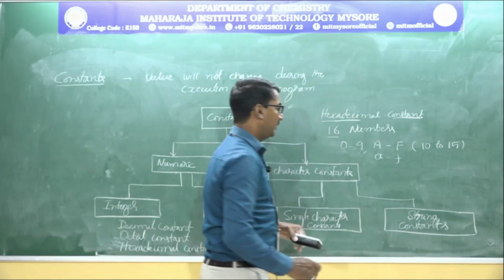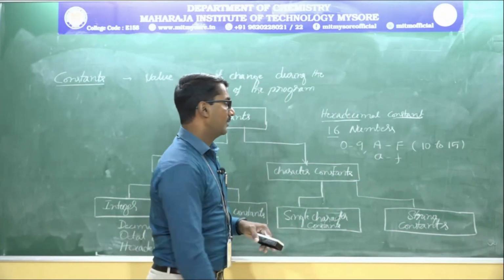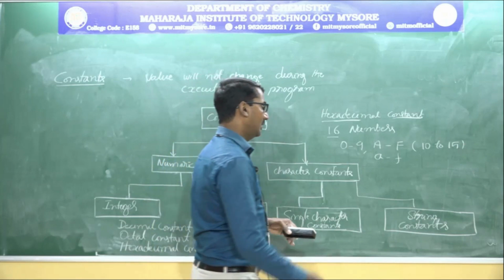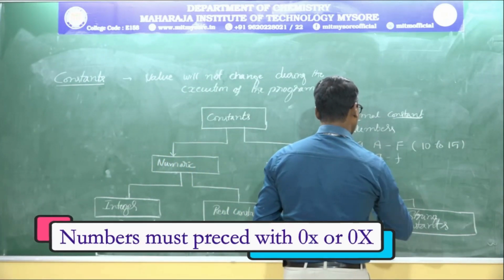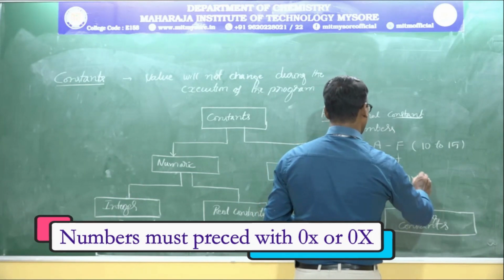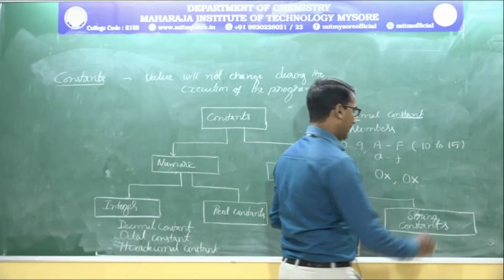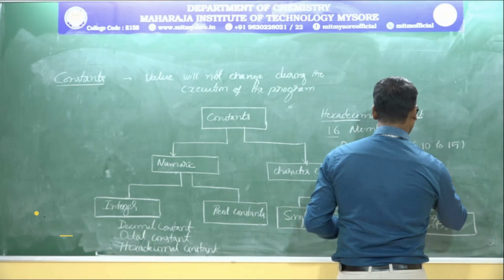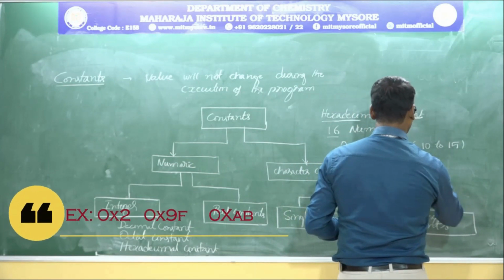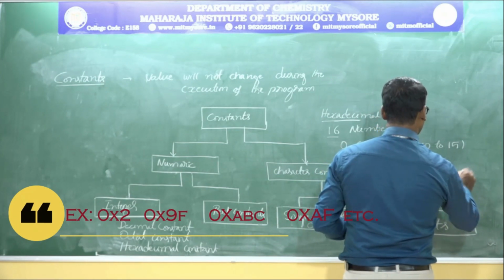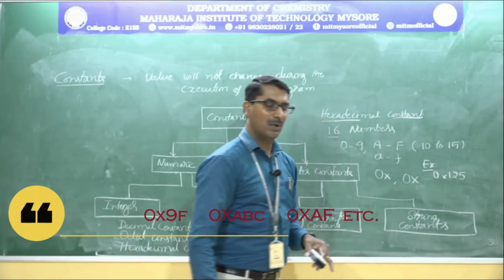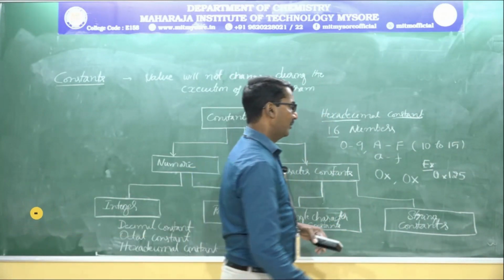In order to define a hexadecimal constant, the number must be preceded with 0x or 0 capital X. Example, 0x125 is a hexadecimal number.